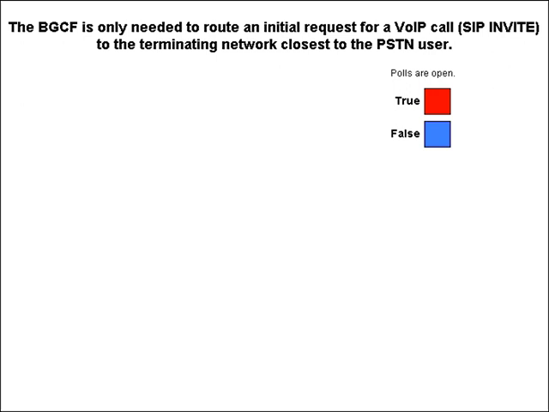So breakout gateway control function, BGCF, breakout gateway. Do we use that when we have to break out of IP and go to PSTN? That's the question. Do we use BGCF when we need to talk to PSTN, or is it required for all the voice over IP calls?